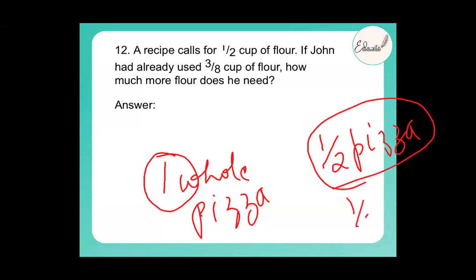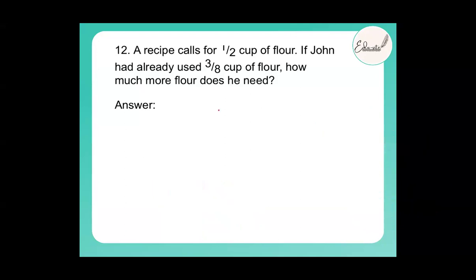Half more, right? Half pizza more, then it will become one whole pizza. So what you do is you just subtract it. So it is 1 by 2 minus 3 by 8.